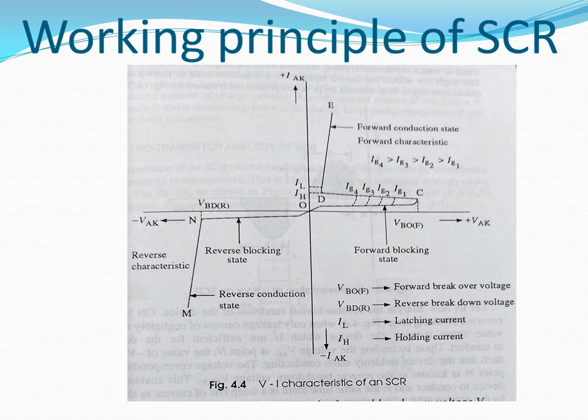On increasing the voltage across anode and cathode at point N, the value of voltage is such that the SCR starts conducting suddenly and the voltage corresponding to this point N is called the reverse breakdown voltage, which is VBDR. The SCR will start conducting and at the same time the current rises very steeply, and this is shown by the portion NM.